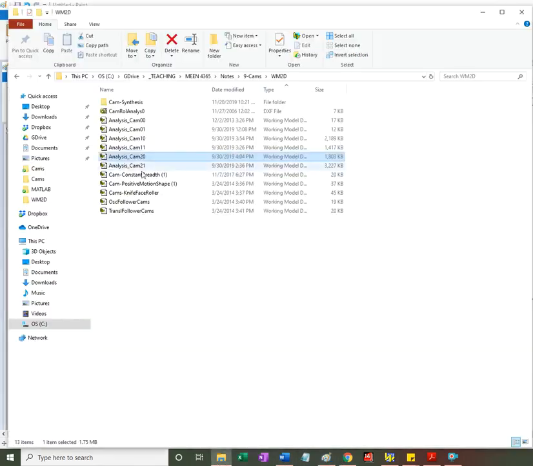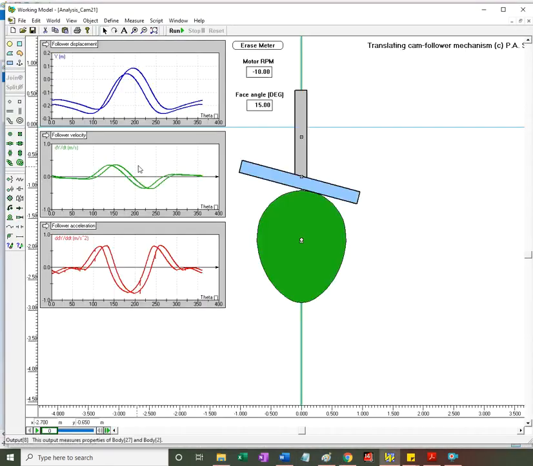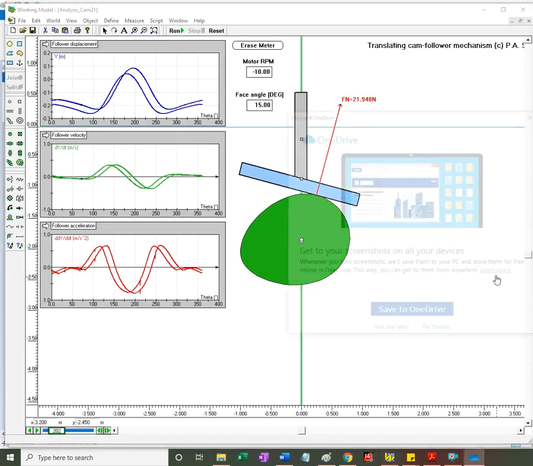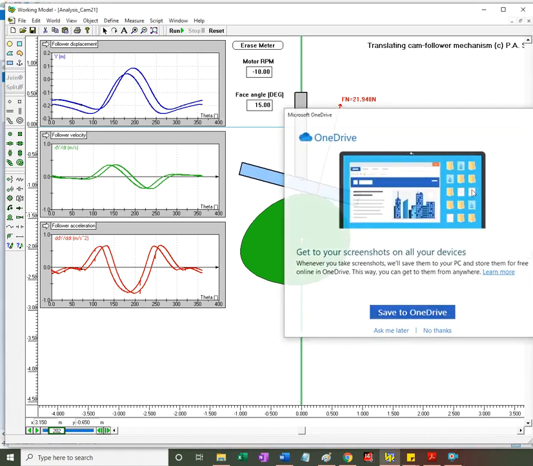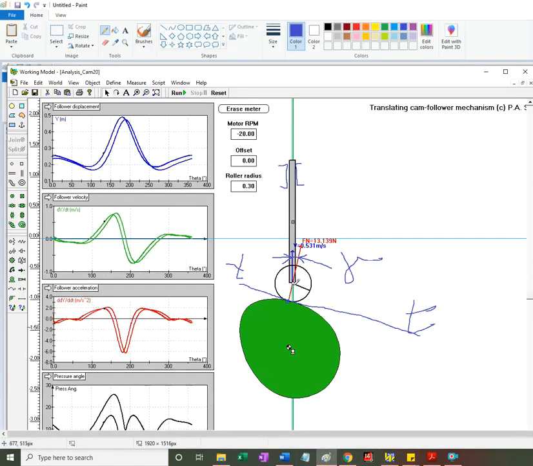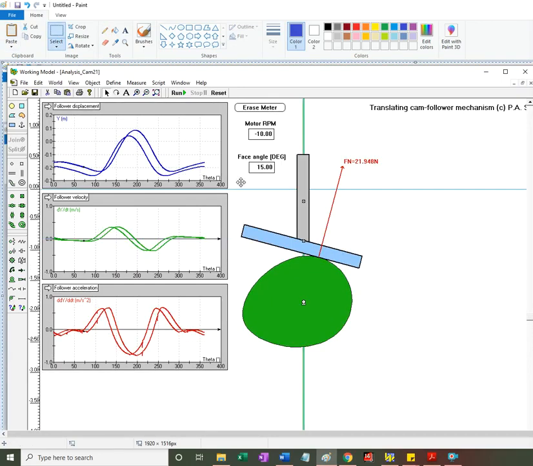And then the last example is where, and here again we cannot represent the velocity of the contact point. Before it was possible because we were looking at the velocity of the center of the roller, but otherwise you cannot plot the velocity of the actual contact point. The software does not allow that.